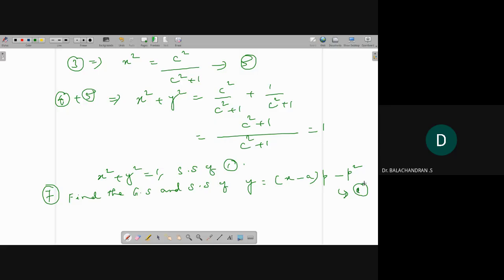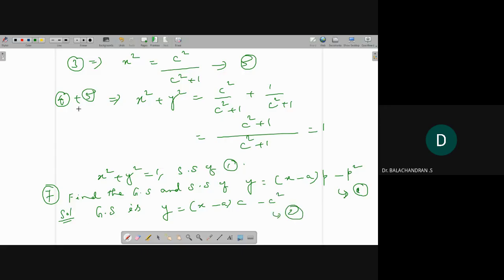This is y is equal to px plus or minus a function of p, so this is a Clairaut's equation. Now the general solution is y is equal to x minus a into c minus c square, equation 2.